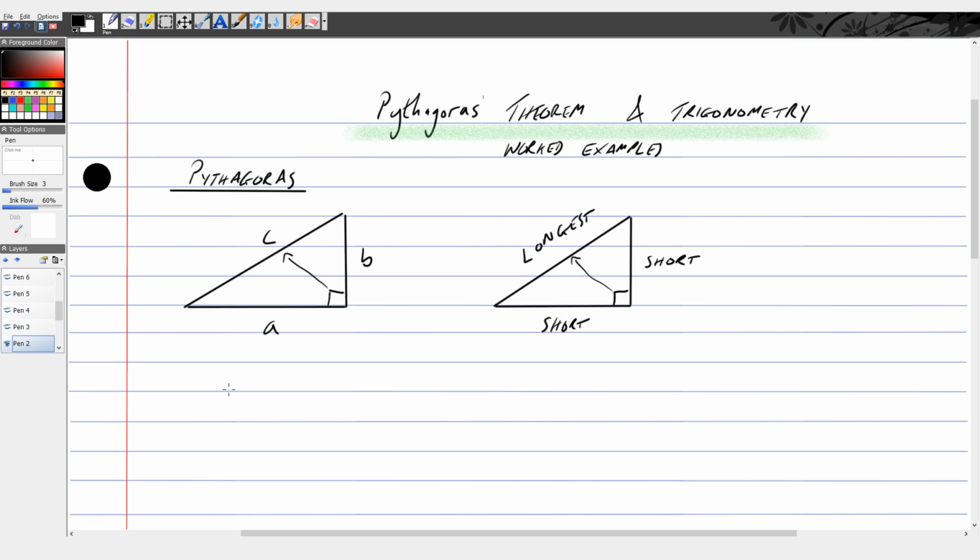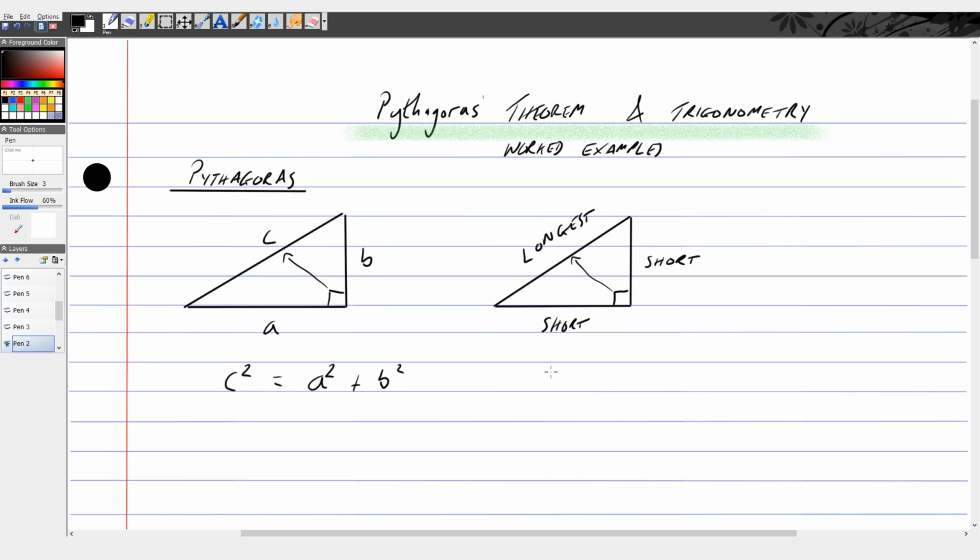And if you remember from the videos and links that I've shared, the longest side squared is equal to one of the short sides lengths squared plus the other short side length squared. Sometimes it's easier to remember it with words than letters.